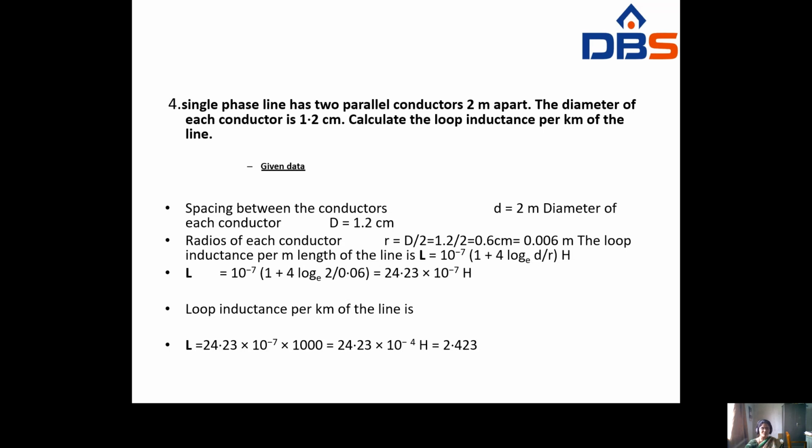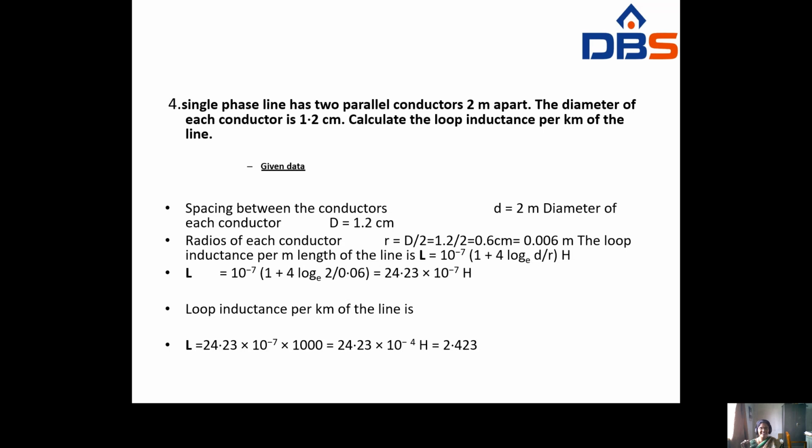Here you have to find out the inductance per meter length of the line, that means for a single-phase line. The loop inductance per meter length of the line is L equal to 10 to the power of minus 7 into 1 plus 4 ln D by r Henries. So this is the formula.